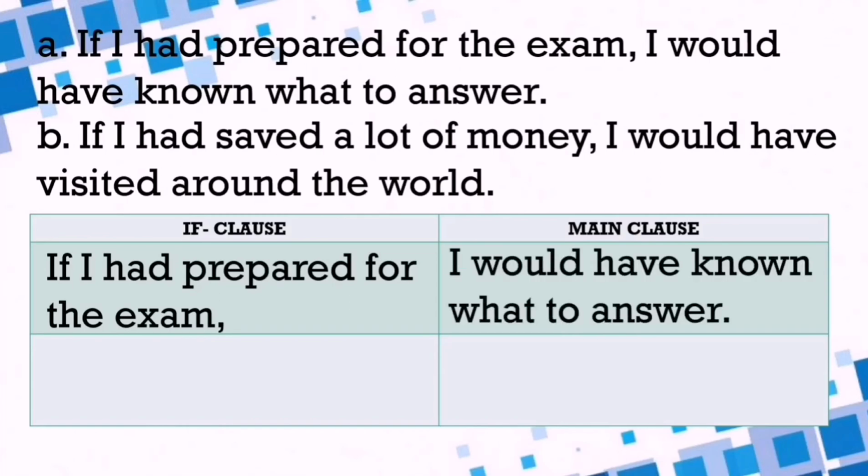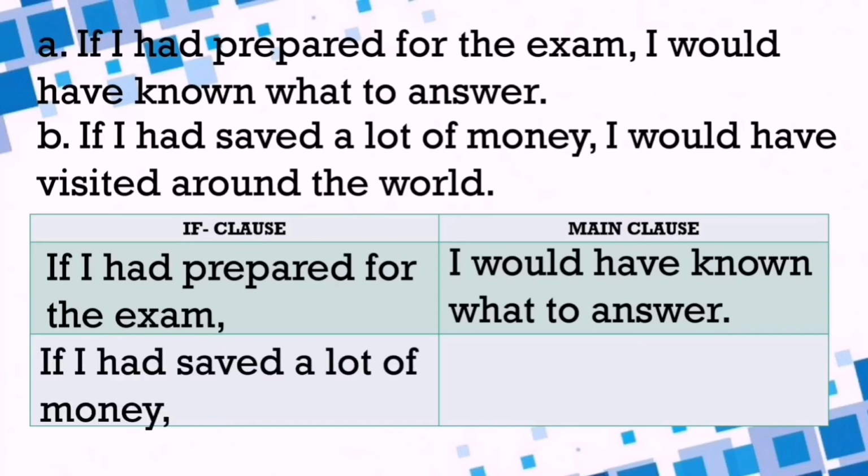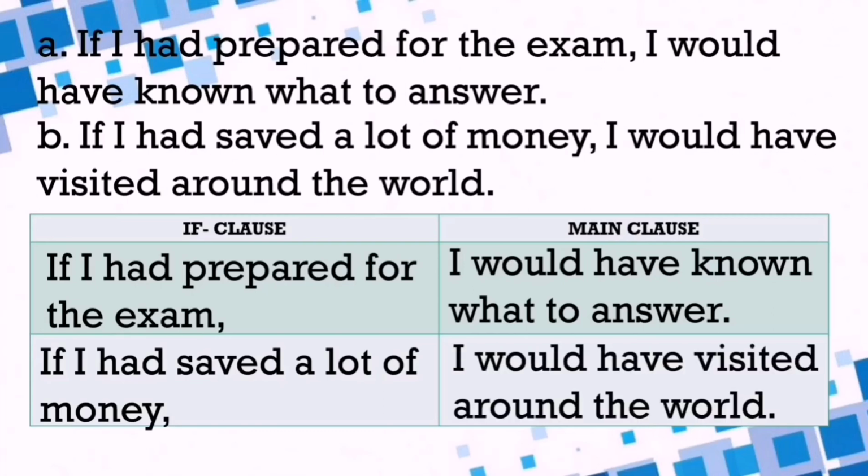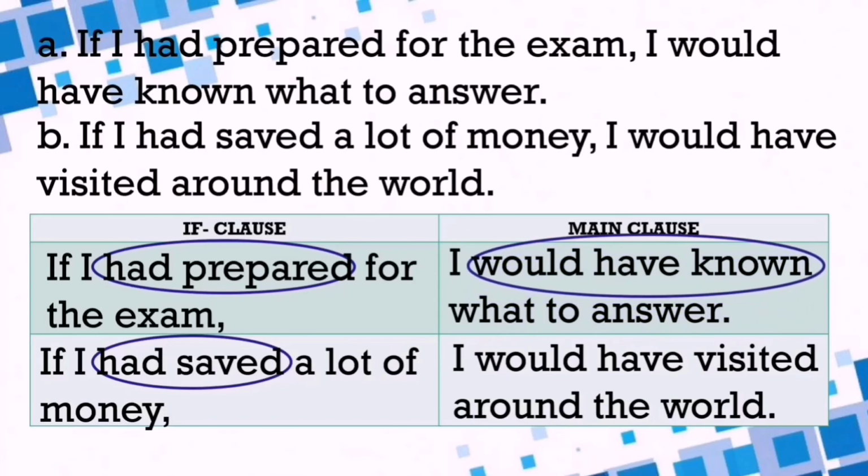And for the main clause we have I would have known what to answer. For sentence B, the if clause is if I had saved a lot of money. And the main clause, I would have visited around the world. The verbs in the if clause are had prepared and had saved. While for the main clause, the verbs are would have known and would have visited.